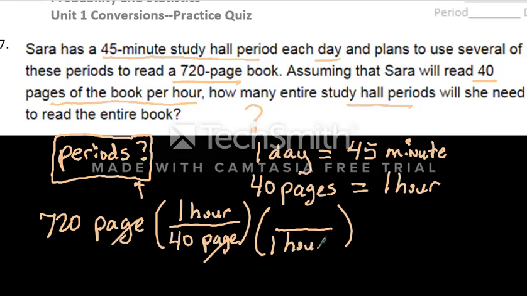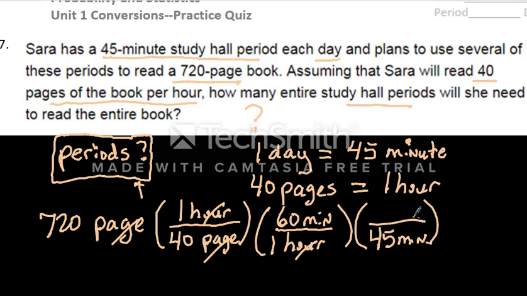So I know 1 hour is 60 minutes. That way hours cancels hours. And it says that we're taking 45 minutes to read this book every 1 day. So that way minutes cancels minutes, and we're left with days.